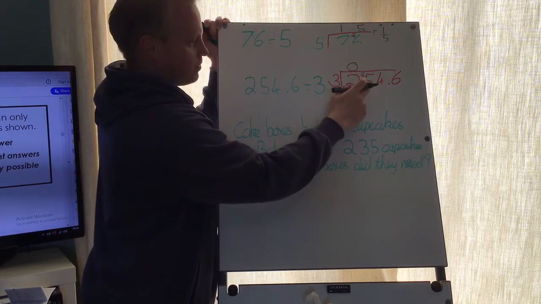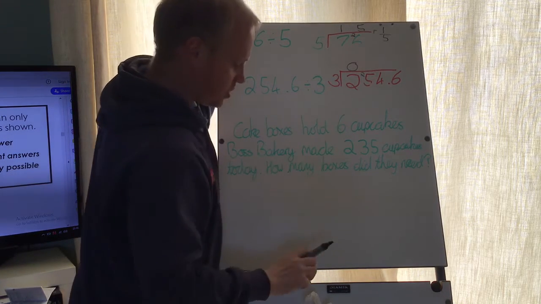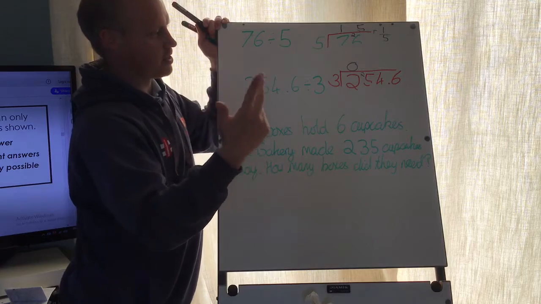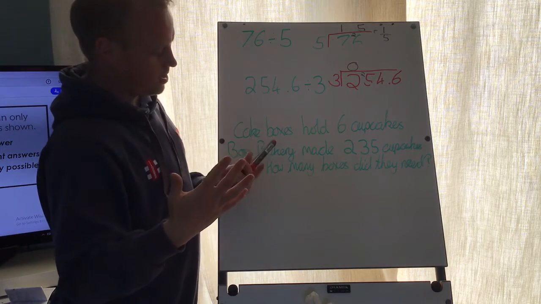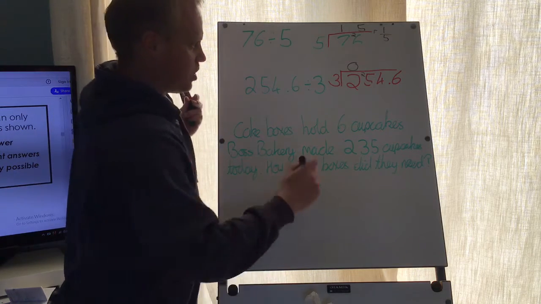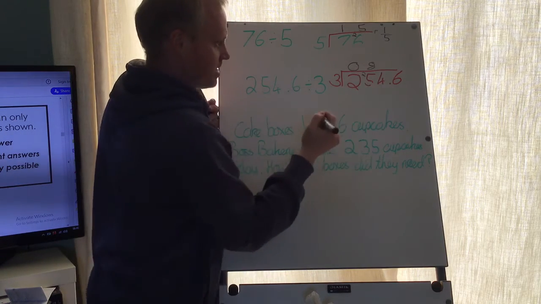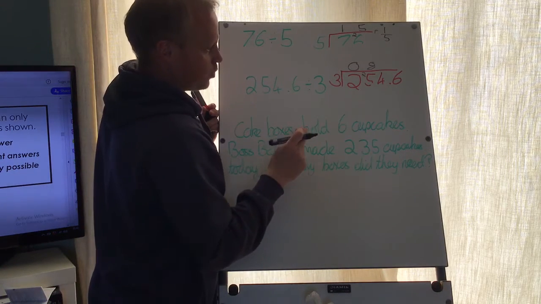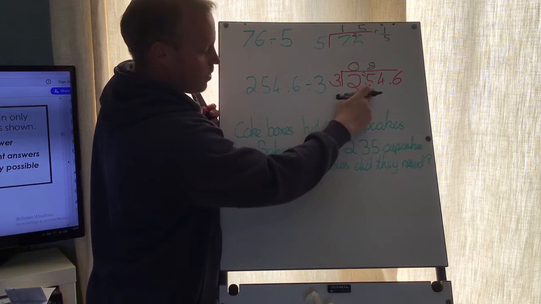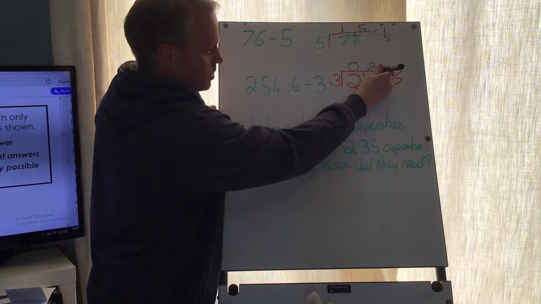So now I do 25 divided by 3. So 3, 6, 9, 12, 15, 18, 21, 24, gives me 8 jumps. 3 times 8 is 24. The difference between 24 and 25 is 1.